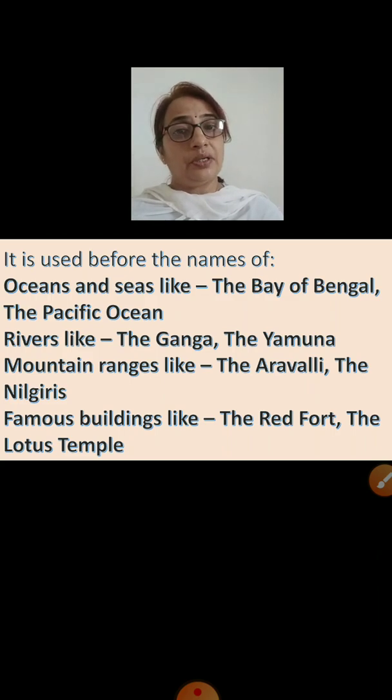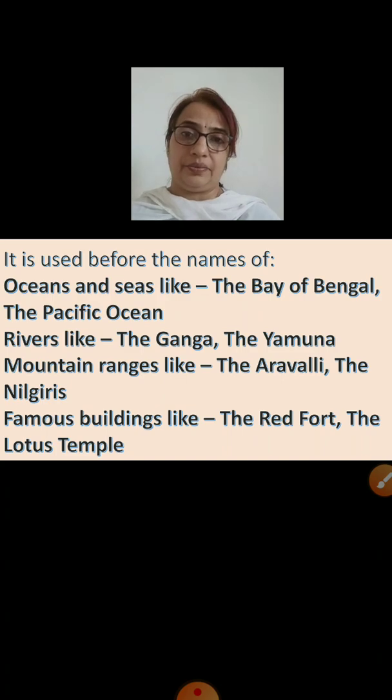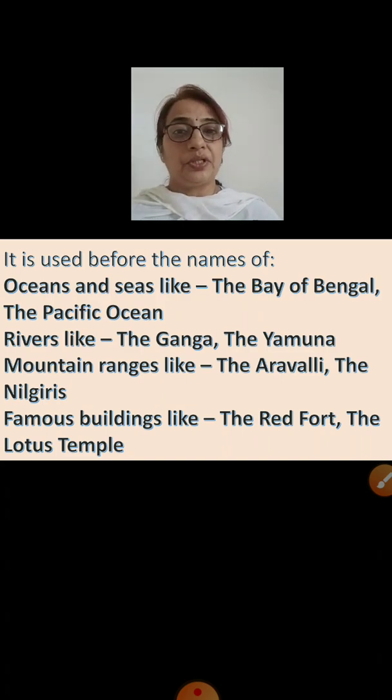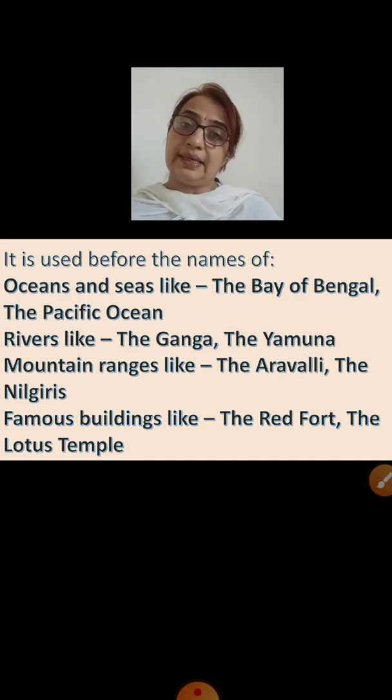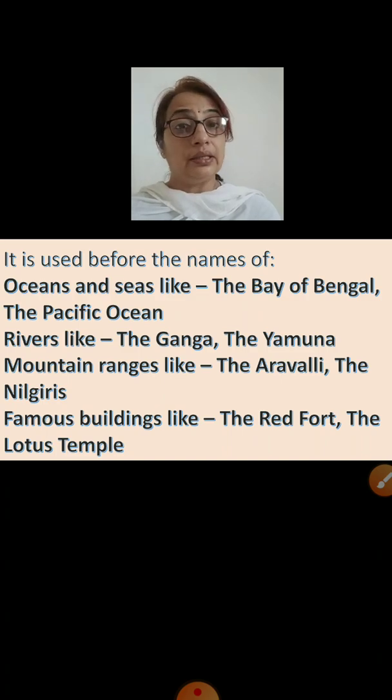One in nature, it means oceans and seas like. The definite article the is specially used in front of the nouns which are one in number, which are unique. Oceans and seas like the Bay of Bengal, the Pacific Ocean.